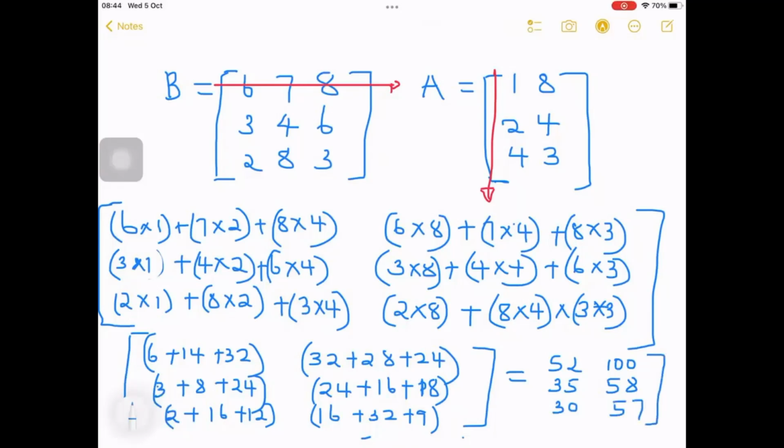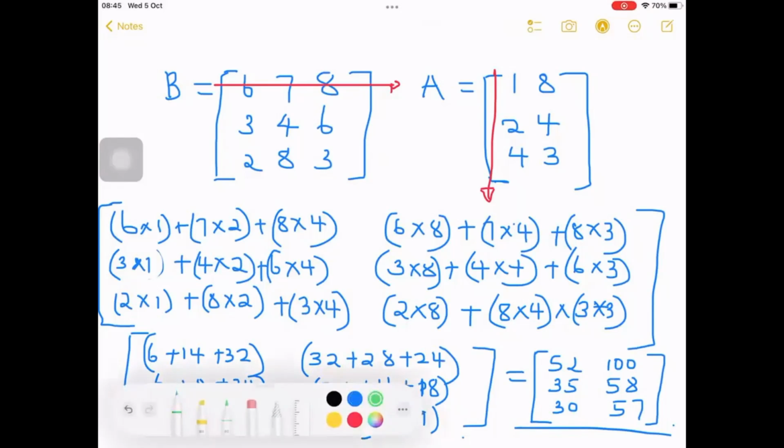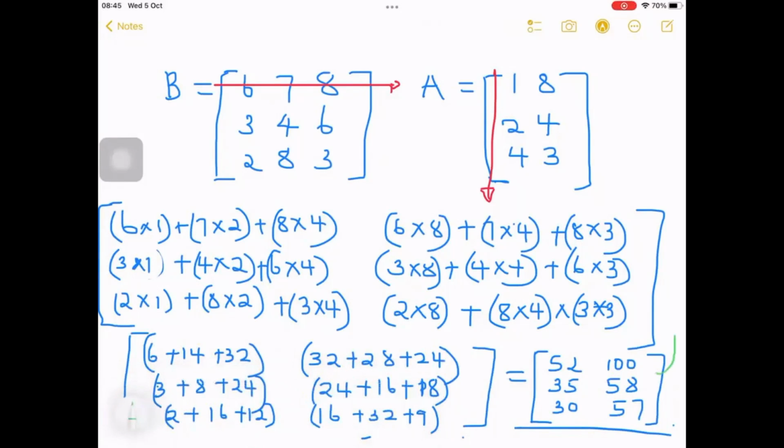And that's our final answer. So what is the order of our answer? Our answer is of order 3 by 2. And we are done. So at least I hope you've understood something.